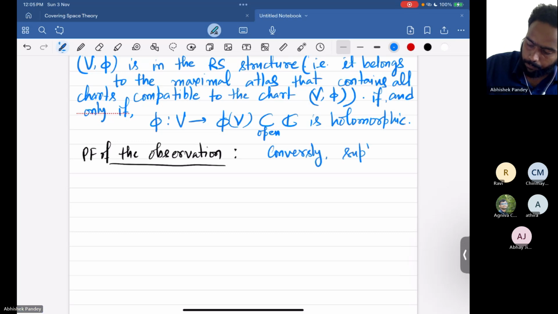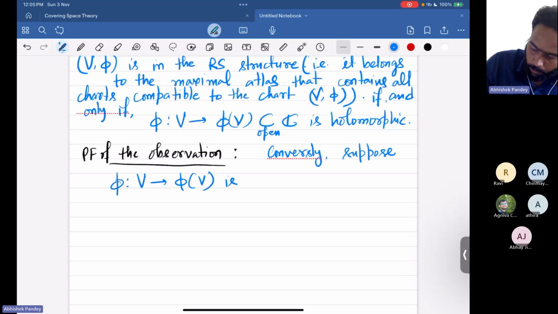suppose phi says that V to phi of V is holomorphic. Now, what do we need to show?